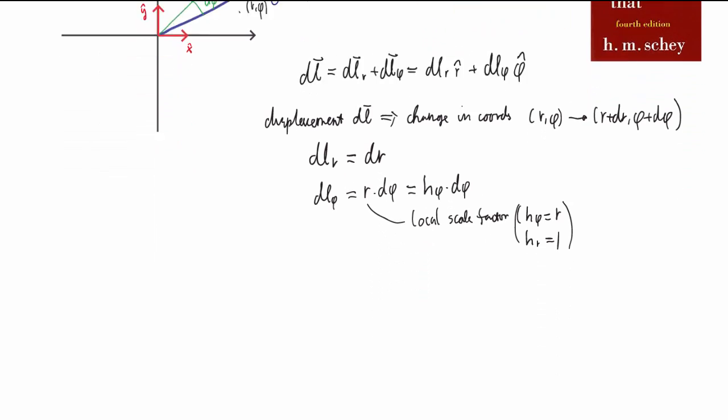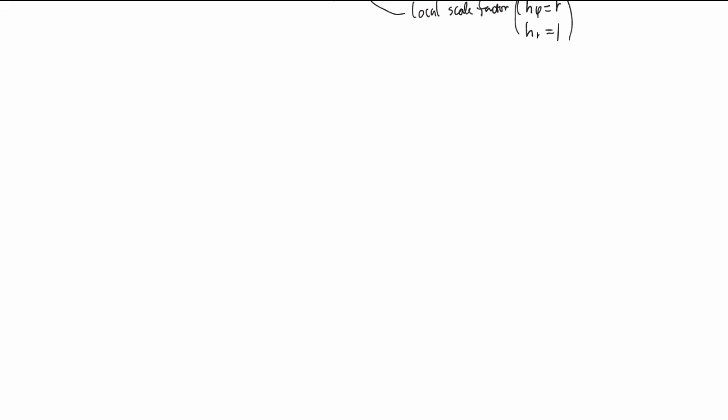Now let's just do this a little bit more in general. So let's say that we have a vector L in some curvilinear coordinates, and we're not specifying what they are. So at this point we have some curvilinear coordinates that go through that point. There should be orthogonal curvilinear coordinates.